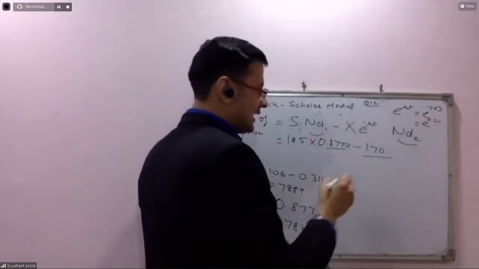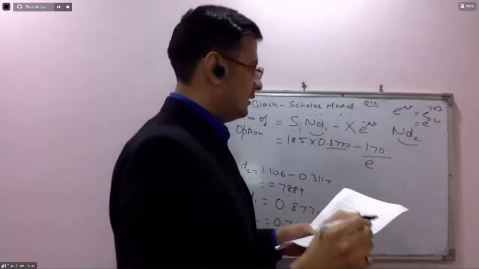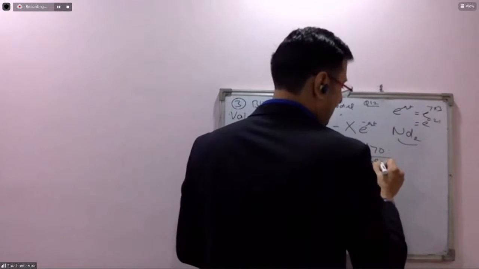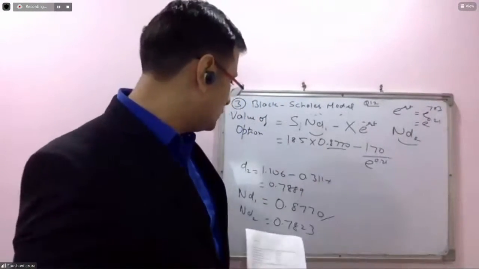Since the value is minus rt, you can write it as e^(0.21). You will get this value in the exam, and N(d2) is 0.7823.